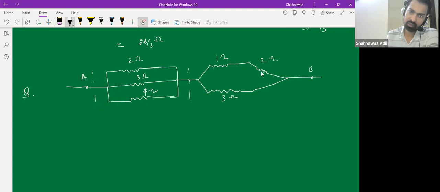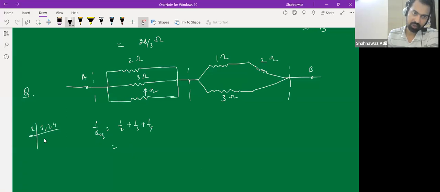This one, right, and this one is, let's say, 1/R equals 1/1 plus 1/3 plus 1/4. The LCM is how much? 12. So this is 12 plus 4 plus 3, which is 13 by 12.